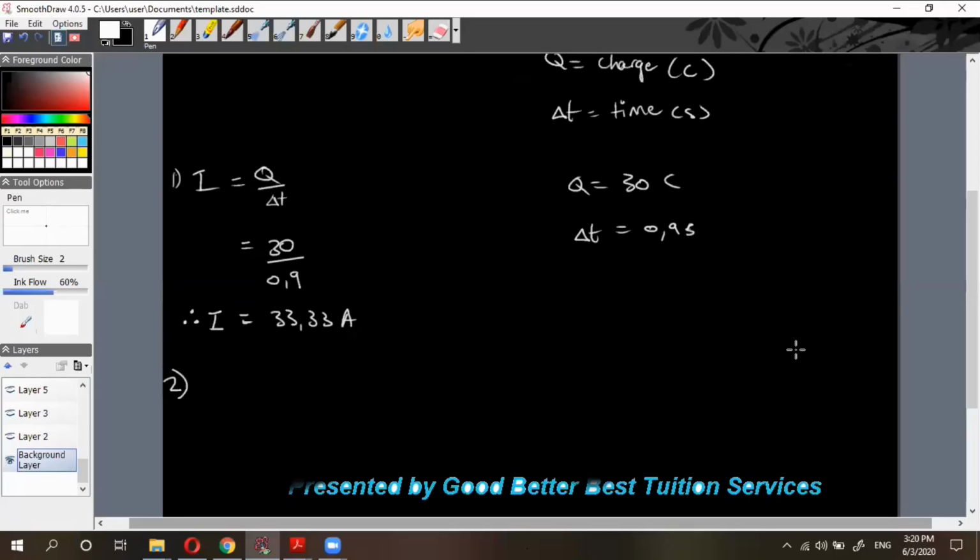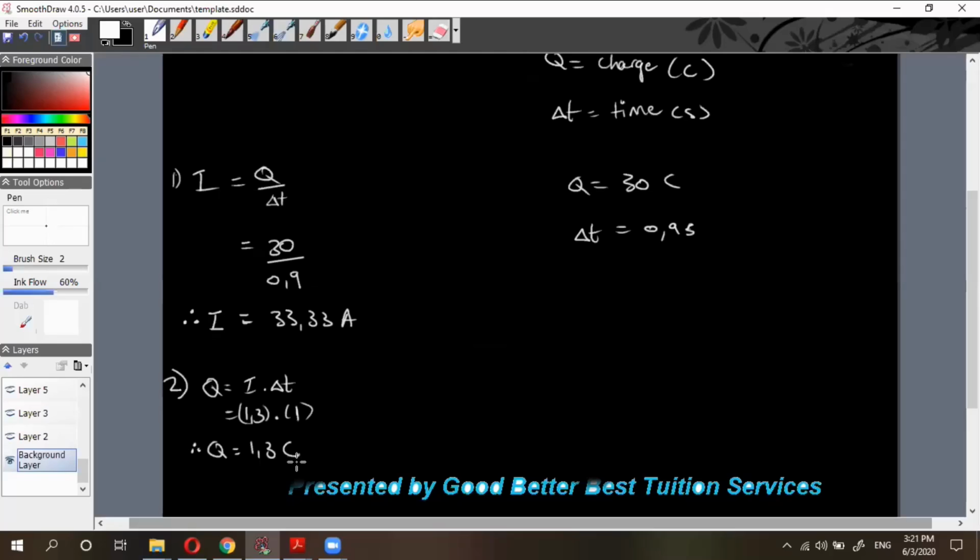So we first need to know Q. We have the formula I is equal to Q over delta T. If we must find Q and rearrange the formula, Q equals the current multiplied by delta T. In this case, we have 1.3 amps multiplied by 1, because it was in 1 second, and we get the quantity of charge to be 1.3 coulombs.